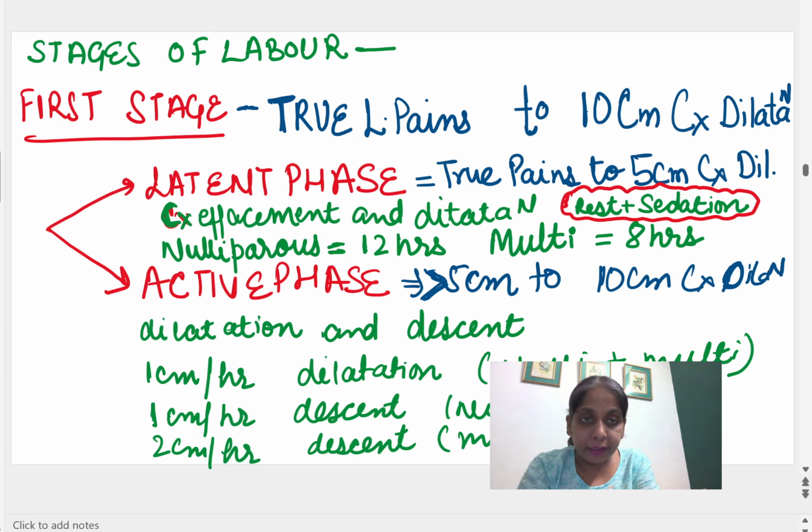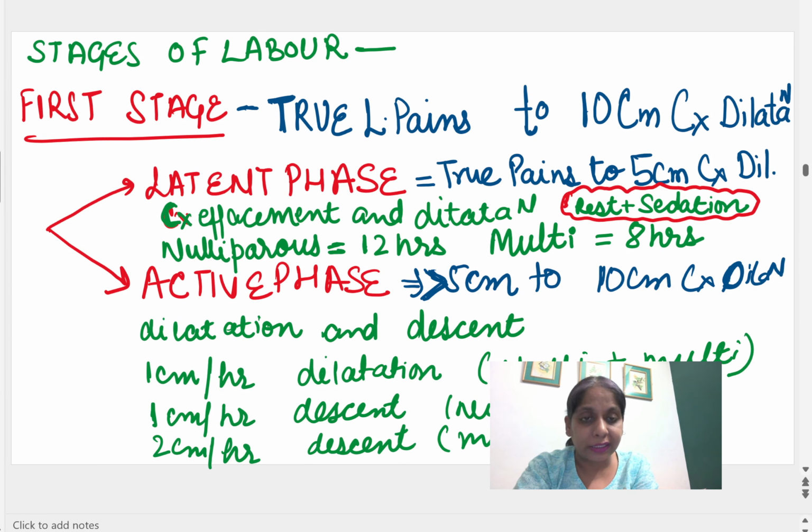In nulliparous the duration is 12 hours, and in multiparous it is 8 hours. Once again, in nulliparous it is 12 hours and in multiparous it is 8 hours.